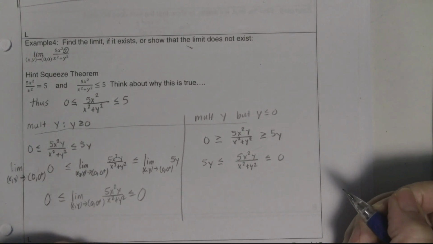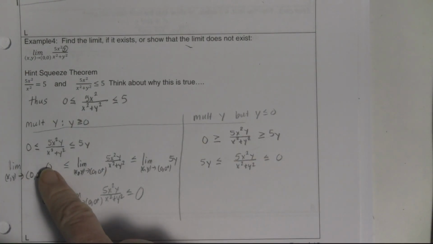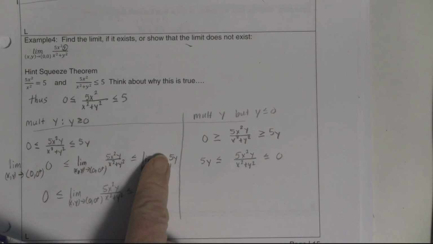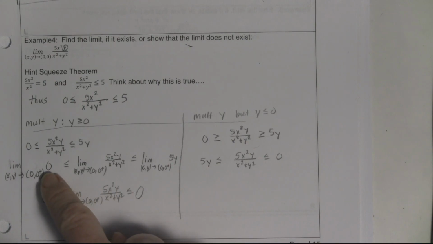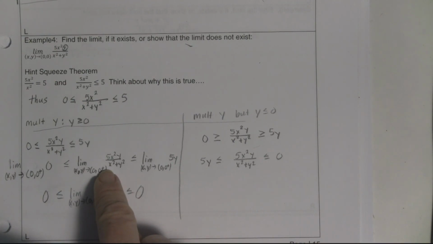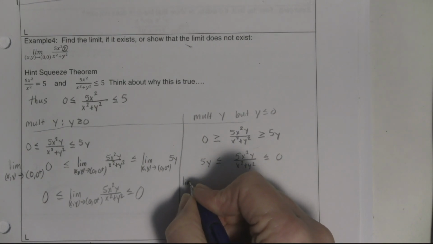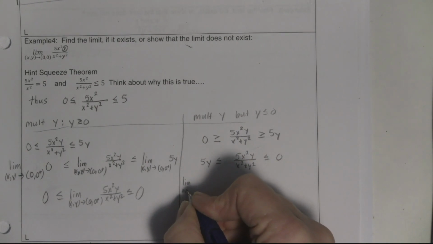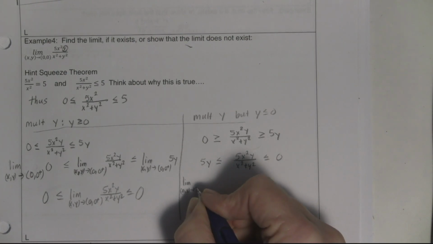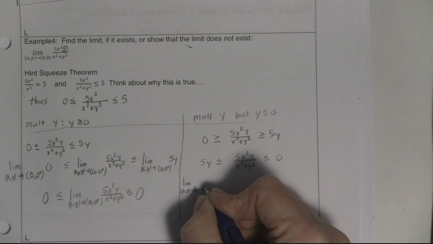Right? And then now I'm going to do that same thing with the limit, except instead of going to 0 plus, it's going to be going to 0 minus for the y. So this is the limit as x, y goes to 0, 0 minus.